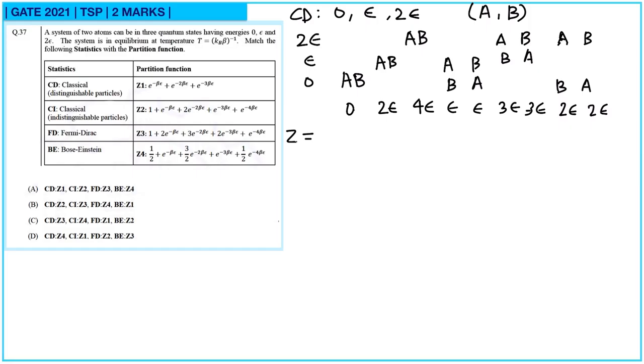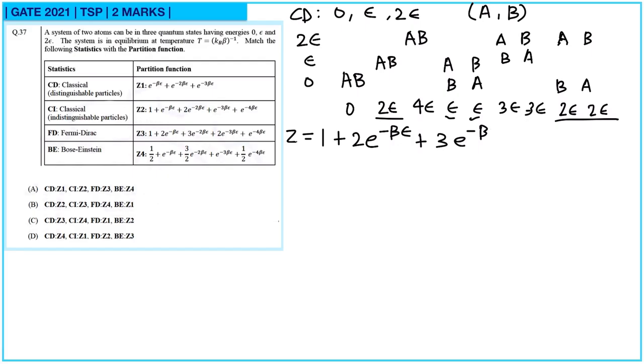Now here it is e raised to 0, so the first term is 1. Then we have two terms for E, so this will be 2 into e raised to minus beta E. Then for 2E we have 3 terms, so plus 3 into e raised to minus beta 2E.